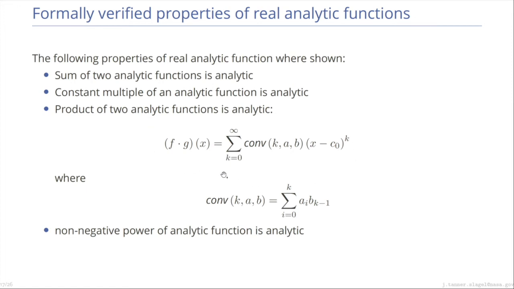The reason the product of two analytic functions converges is because if a function is analytic, the series that it equals is absolutely convergent in that neighborhood around c0. So you have to use absolute convergence to get the convergence of this series. Really interesting proof. I had a lot of fun with it.